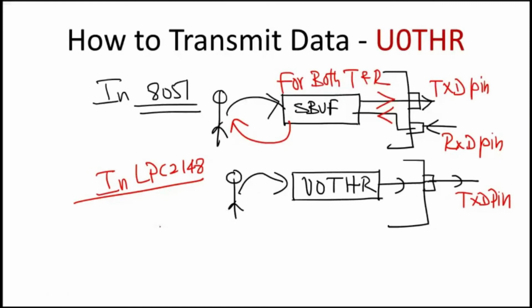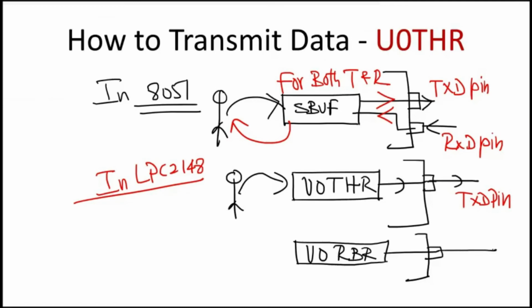And interestingly, it has another separate register called UART0 receive buffer register, where the microcontroller receives the data serially from an external device, collects that information and feeds it back to the user.